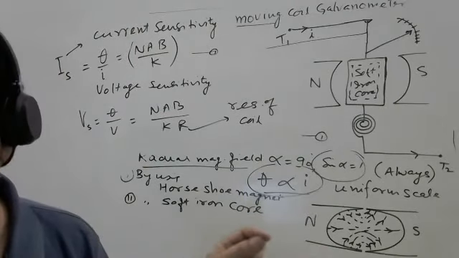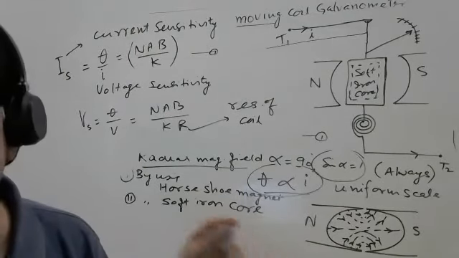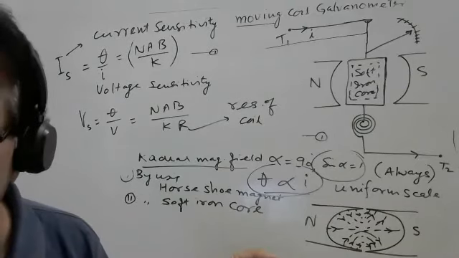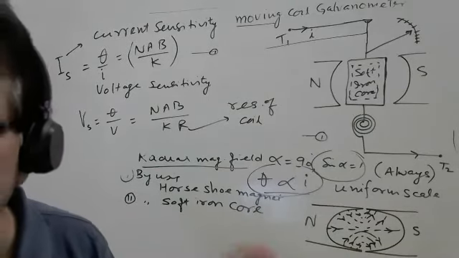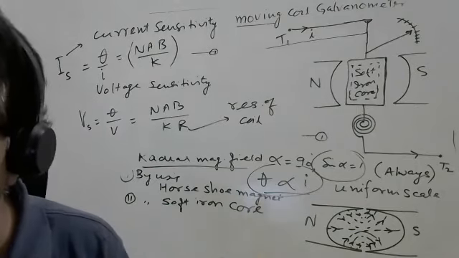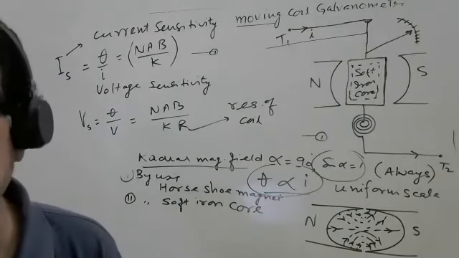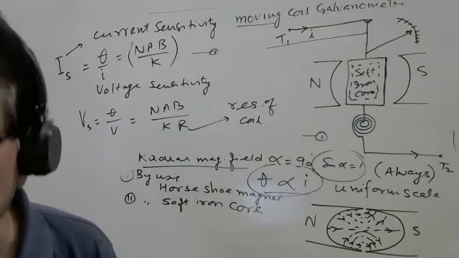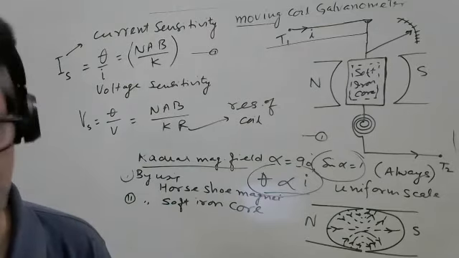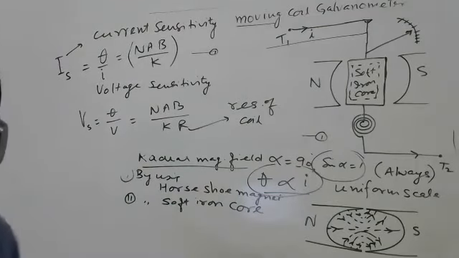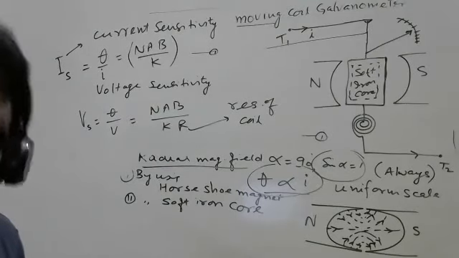It means we have to convert the same galvanometer into desired range of ammeter and desired range of voltmeter by doing some arrangement. So the next topic here is conversion of galvanometer into ammeter and voltmeter.